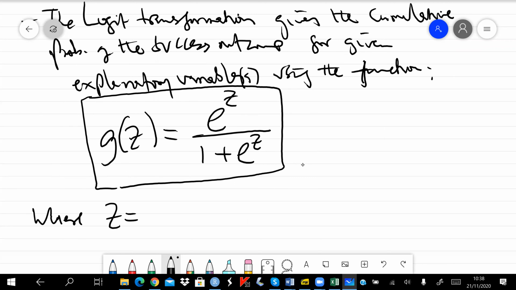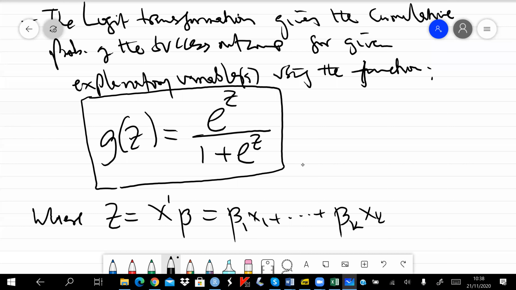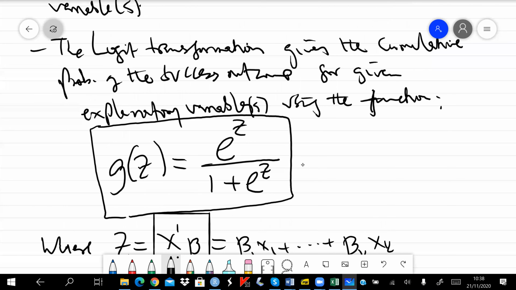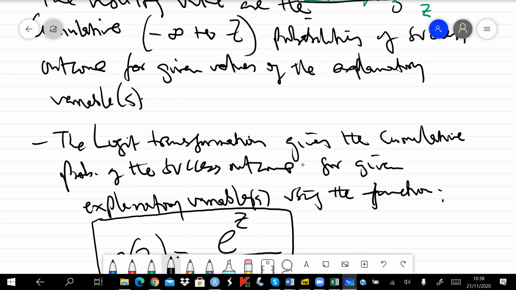Where z, what we are calling z here, is the same way of saying beta 1 x1 plus all the way to plus beta k xk. These are in matrix format, a compressed form, but the same as this. So that's what we're saying in the right-hand side of the linear probability model.